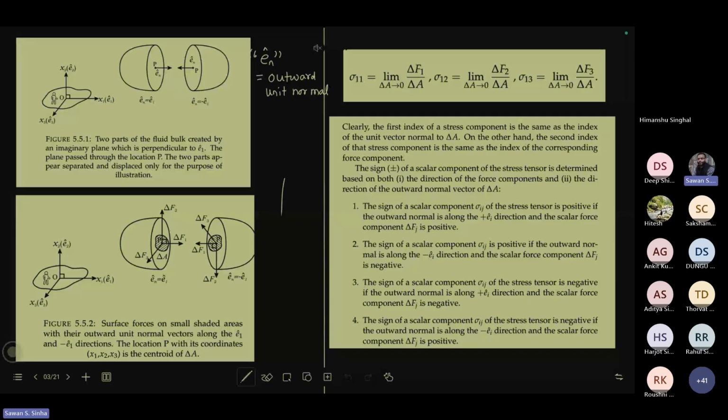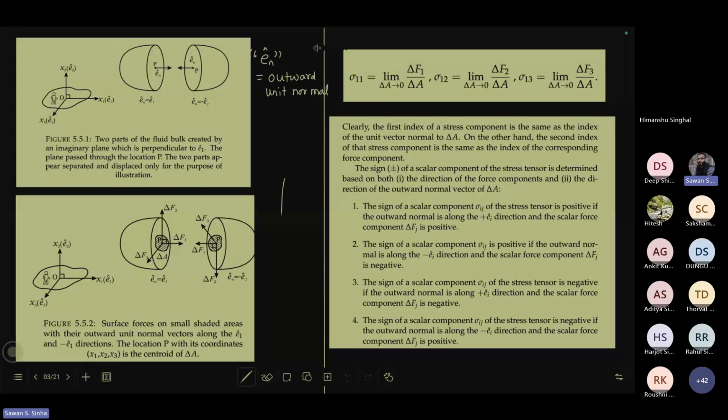Now let's go back to where we were. To represent surface forces properly, we introduced the idea of the stress tensor, and I was explaining the meanings or the definitions of various stress components.